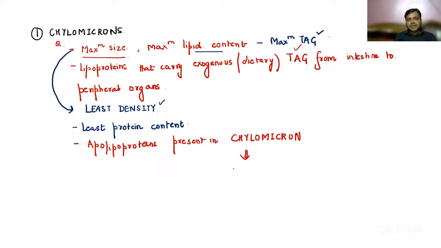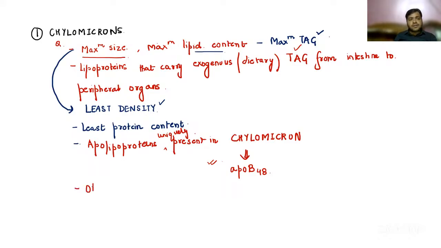It is Apo B48, the one which is uniquely present in chylomicron. If they ask you the only apolipoprotein in chylomicron, it is Apo B48. I will be discussing it in the metabolism part.